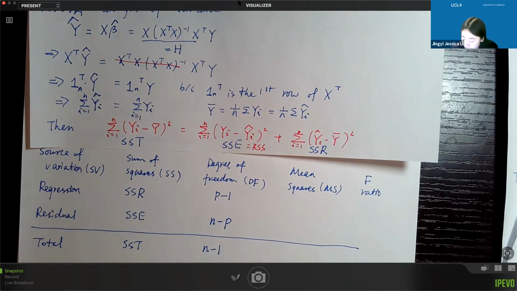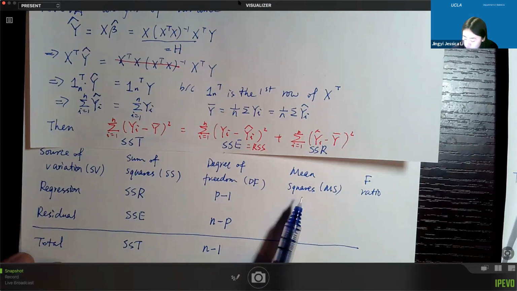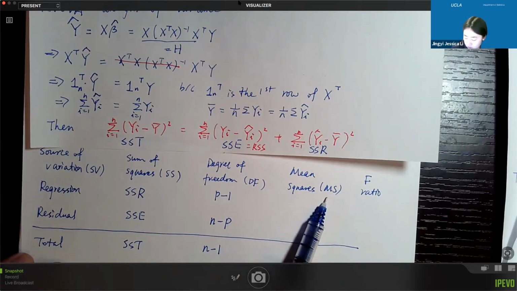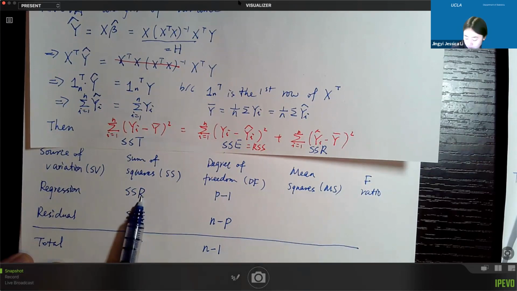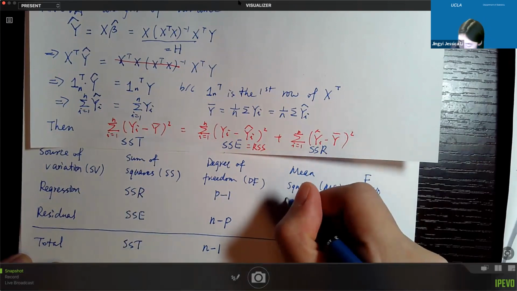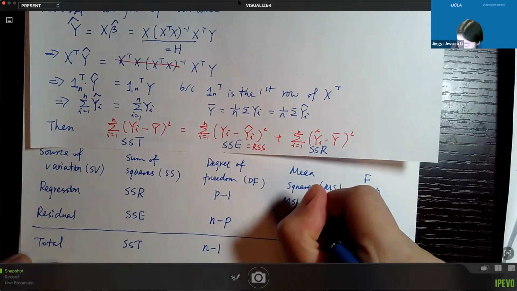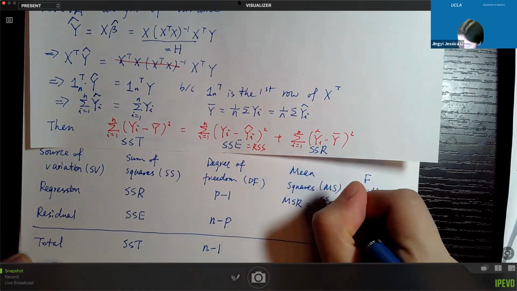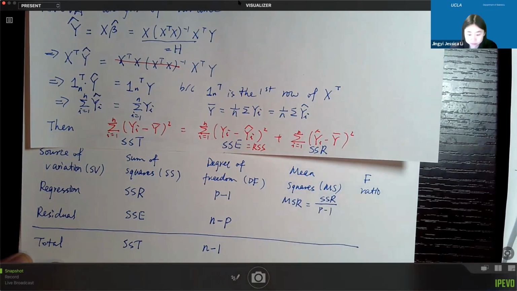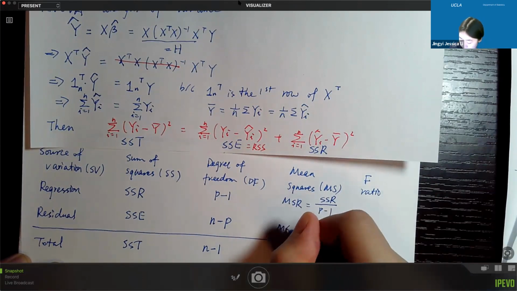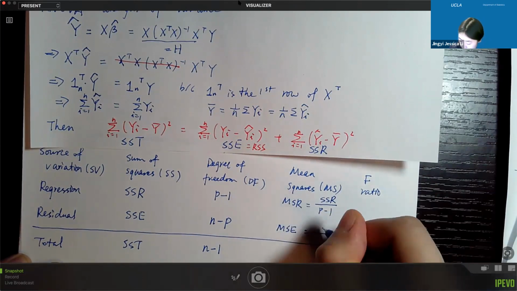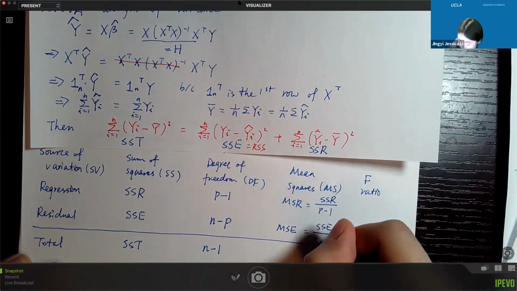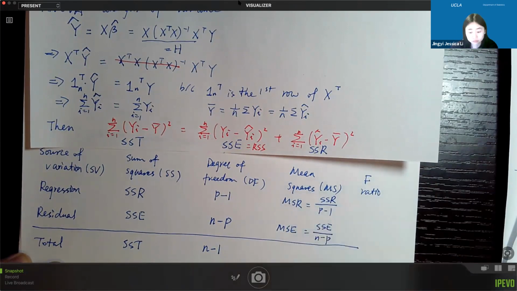And then in the ANOVA table, your next step is to define the MS. So correspondingly, you have MSR, MSE, and MST. It's easy. You just do MSR equals SSR over p minus 1, and MSE is equal to SSE over n minus p. Okay, finally, the F ratio.